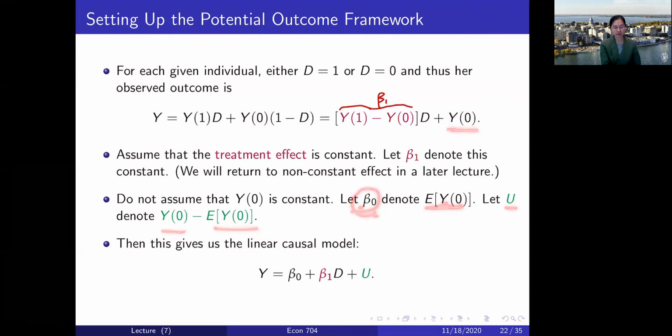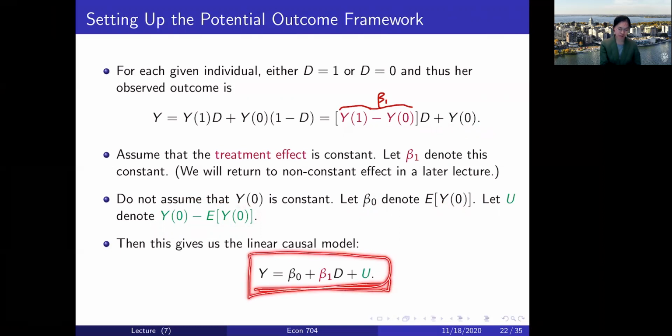So u is now normalized to have expectation 0. Then this equation will give us the linear causal model, y equals beta 0 plus beta 1 D plus u. So that is our linear causal regression model that we set up in the potential outcome framework. And by definition, this beta 1 is the causal effect of the treatment.